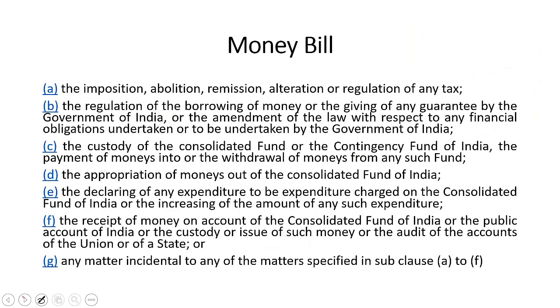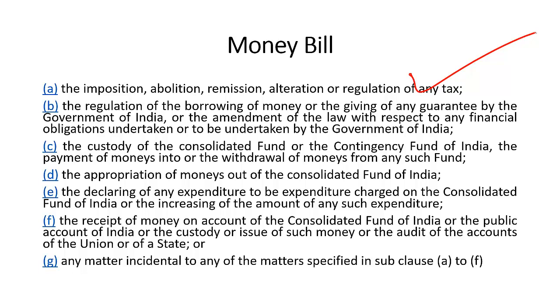Article 110 defines them. So if there is a bill which talks about imposition of tax, alteration of tax, remission of tax, abolition of tax, such a bill is a money bill. If a bill tries to withdraw money from the Consolidated Fund of India, such a bill is a money bill.